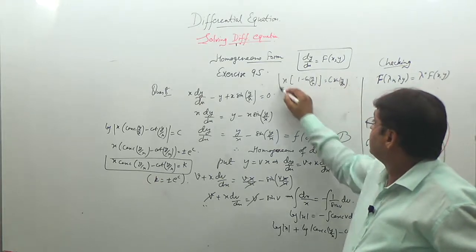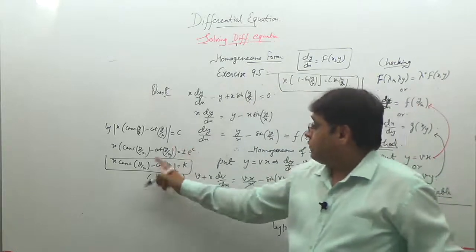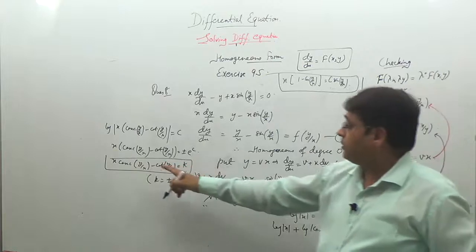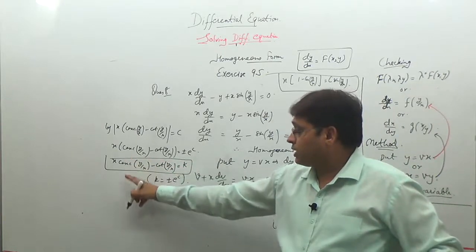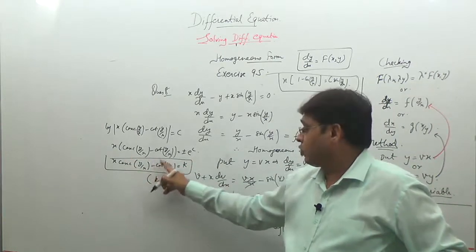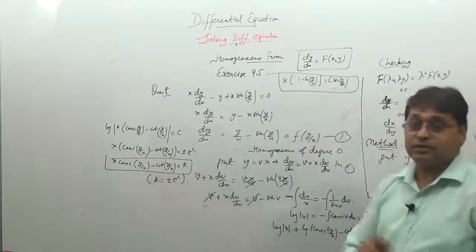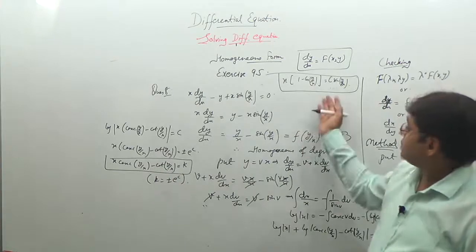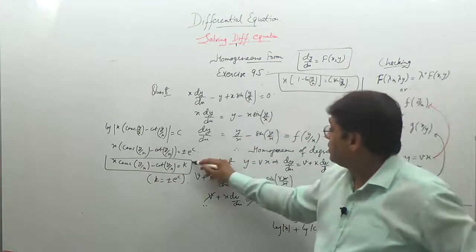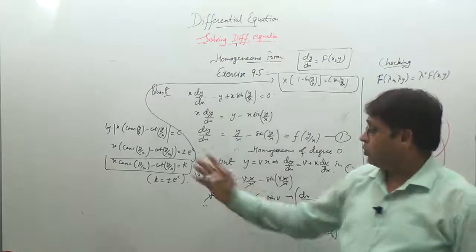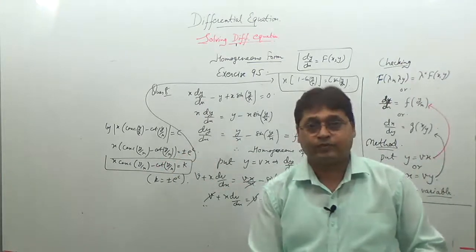Again the same thing. This can further be changed to this solution also by writing cosecant as 1 upon sine and cot as cos upon sine, and you will get this answer. So there is no need to change this answer to this form. It is your wish, right? You can leave the answer here also, right?